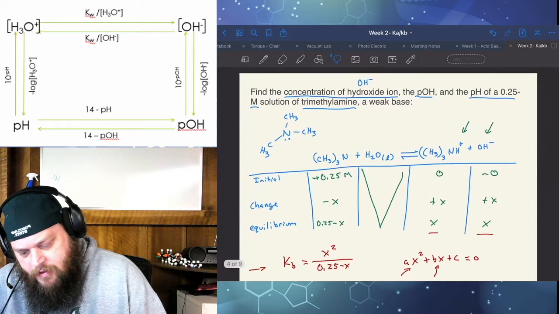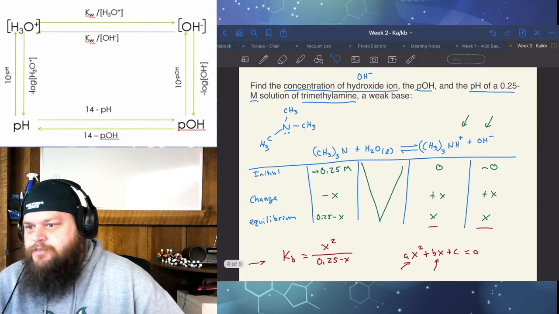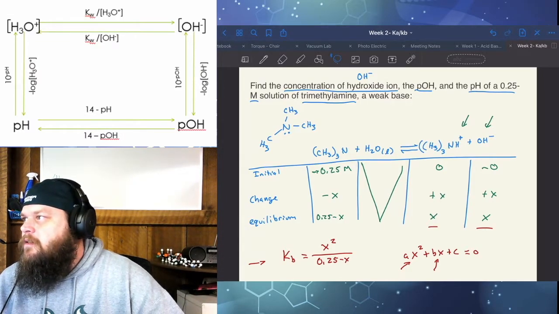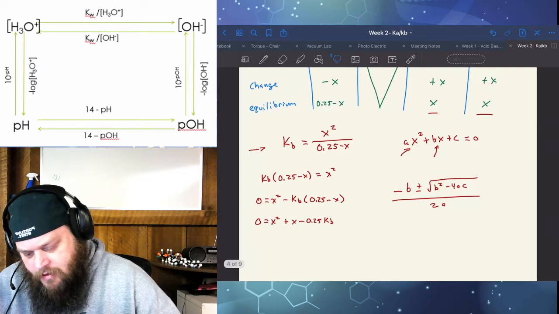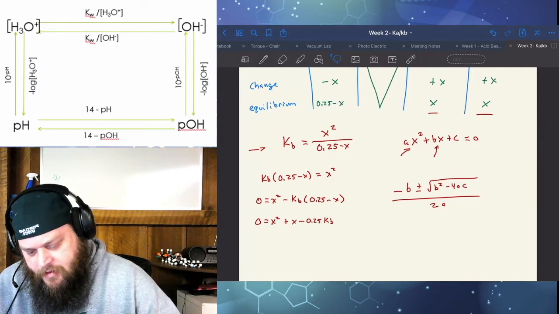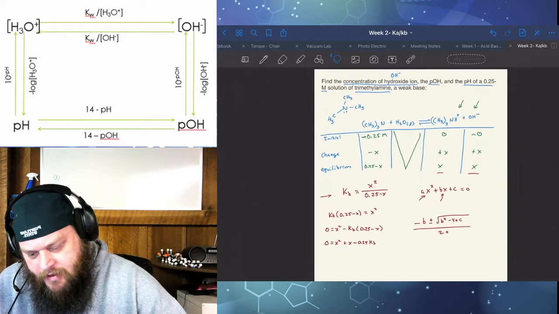Concentration of, let me make sure we're on the right page. Yeah, KB is equal to that times that times that. And it didn't give us the value.